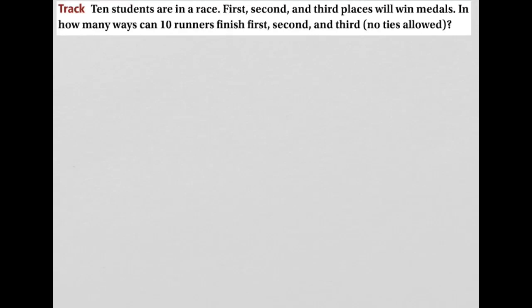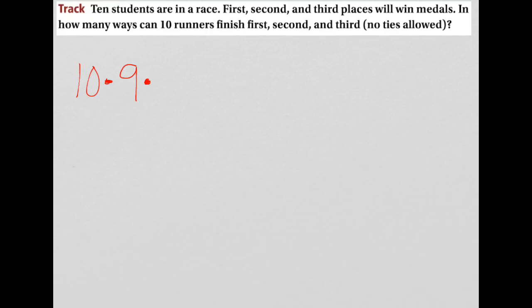But here's your solution. So think about 10 people racing. We have 10 options for first place. Once that first person finishes, there are 9 people still in the race, and they'll have 9 different options of people who could get second.